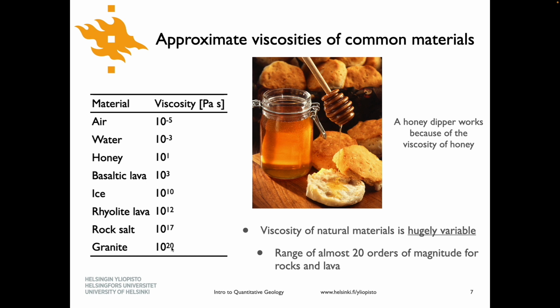But the point is that when you heat these materials up a little bit and they start to deform more viscously, you do have viscosities that you can associate with these rock-like materials. Whether it's rock salt or granite, they're going to be flowing more slowly, but still behave basically like a fluid over geological timescales.